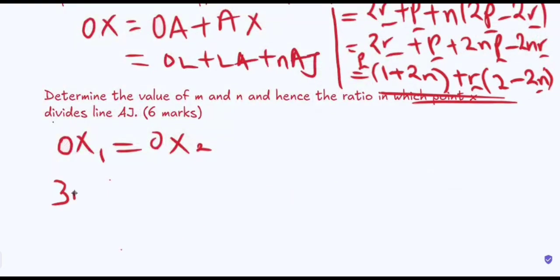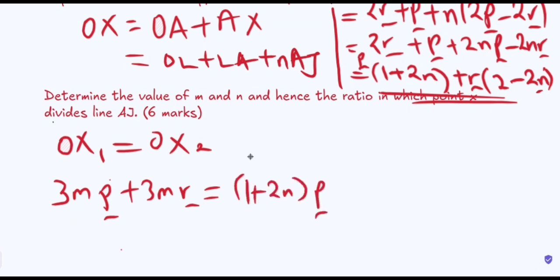OX ya pili tulipata hapa, ukitaka waweza andika hivi 1 plus 2n hivi, ama wherever way utaka plus 2 minus 2n vector r.